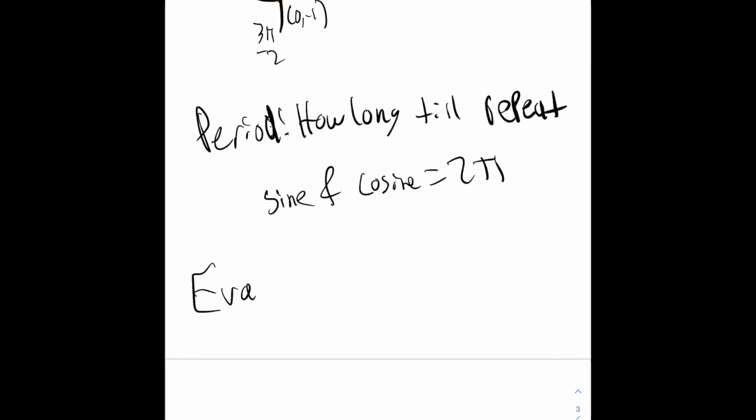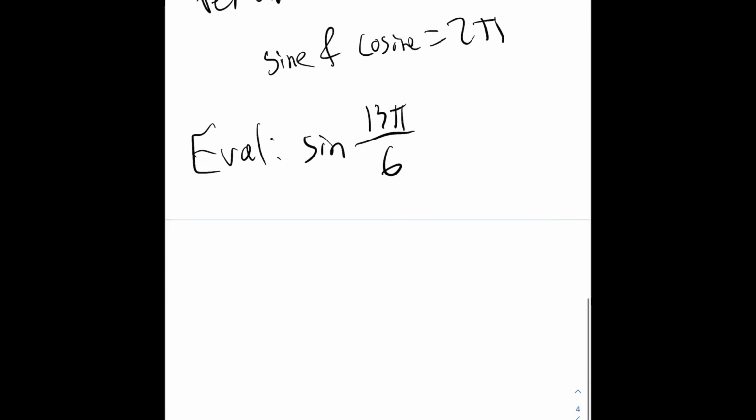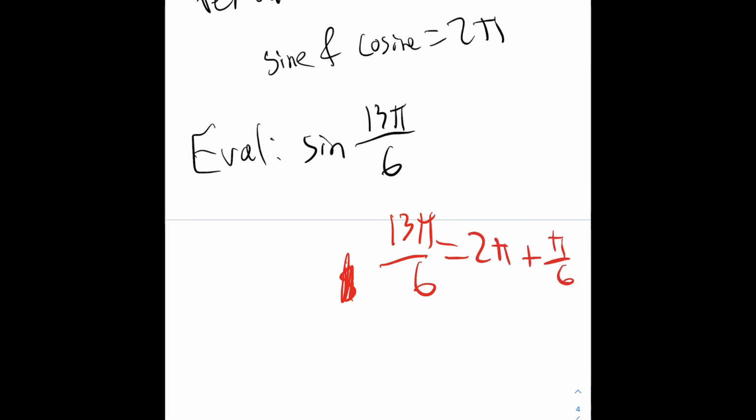So if I want to evaluate sine of 13 pi over 6 using its period, I'm going to ask, how many times can 2 pi go into it? Let's subtract 2 pi. If I try to take out 2 pi, I need to think how many times this number is going to go into my equation. 13 pi over 6 is the same thing as 2 pi plus pi over 6.